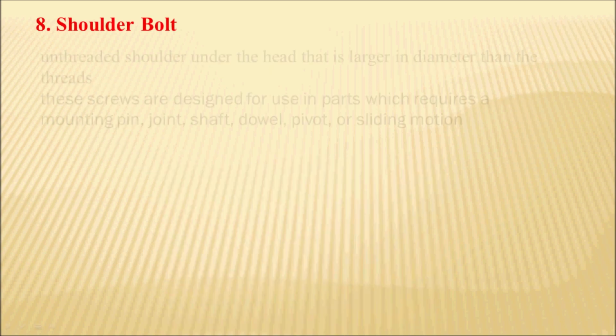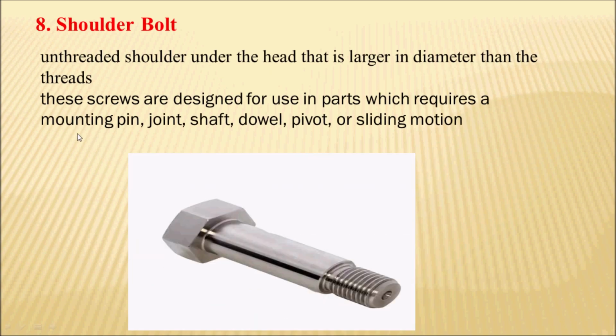Next is the shoulder bolt. Here onto the screen you can see the shoulder bolt. This is the unthreaded shoulder under the head that is larger in diameter as compared to the threaded part.